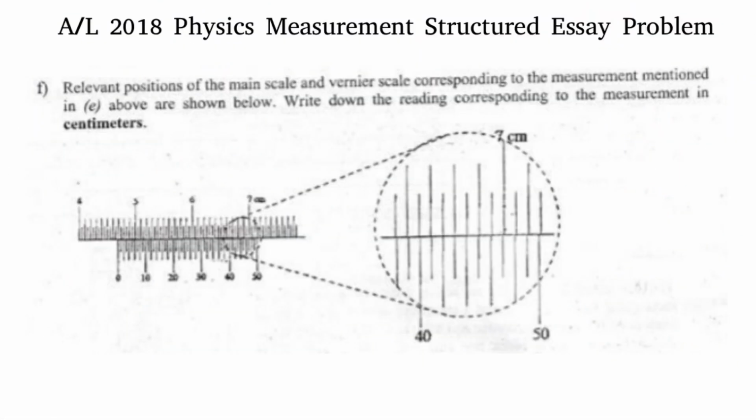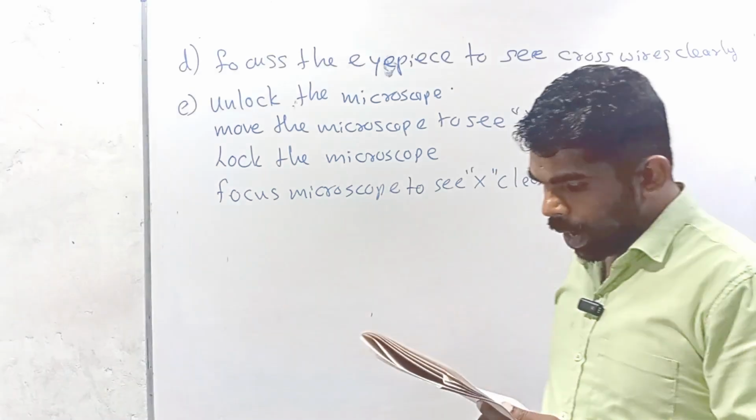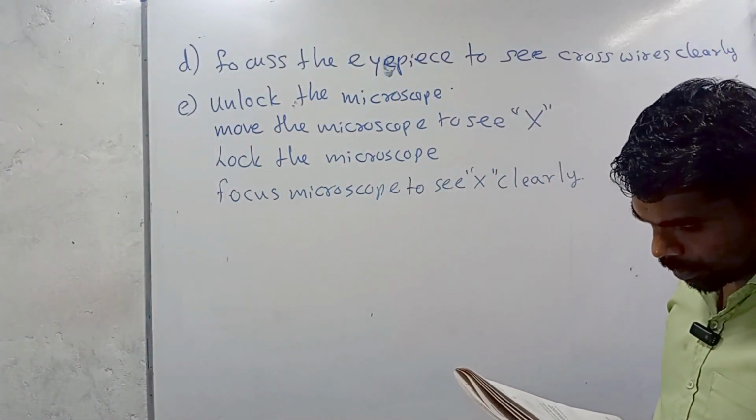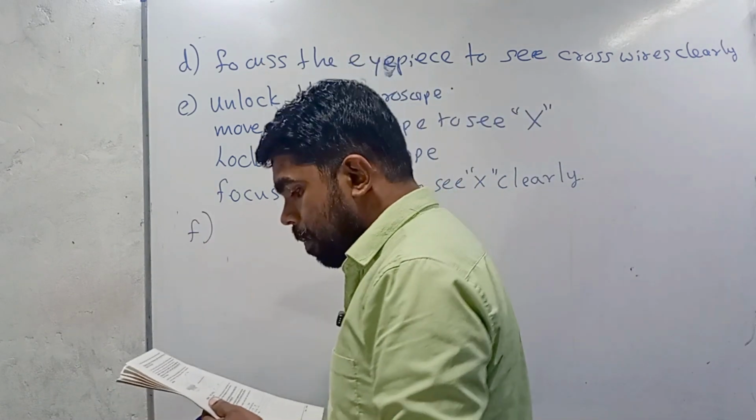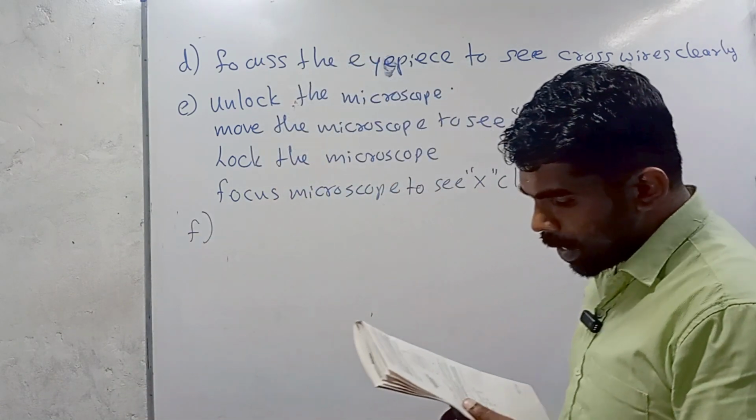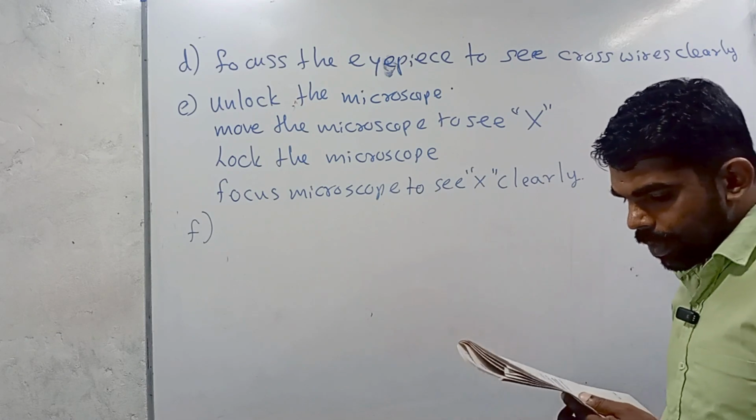Part F, relevant positions of the main scale and vernier scale corresponding to the measurement mentioned in part E above are shown below. Write down the reading corresponding to the measurement in centimeters. We have to consider the given diagram. The main scale reading is the one before the vernier 0.